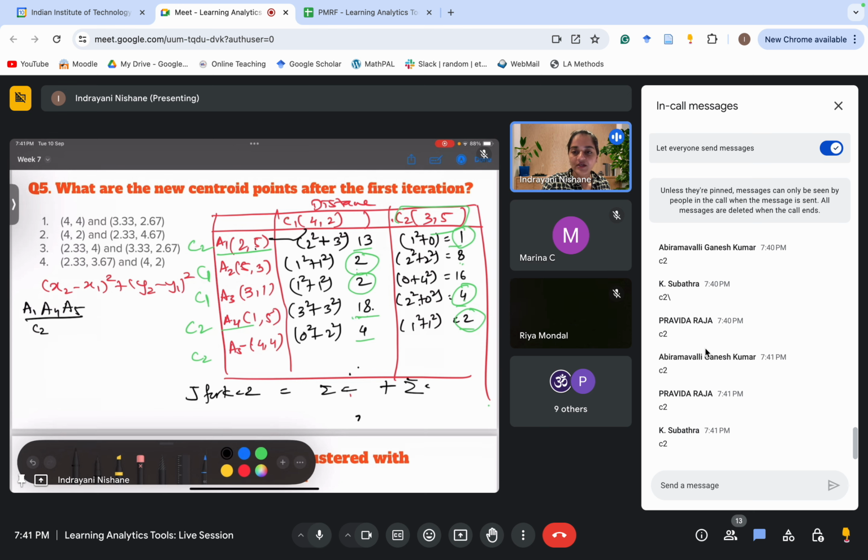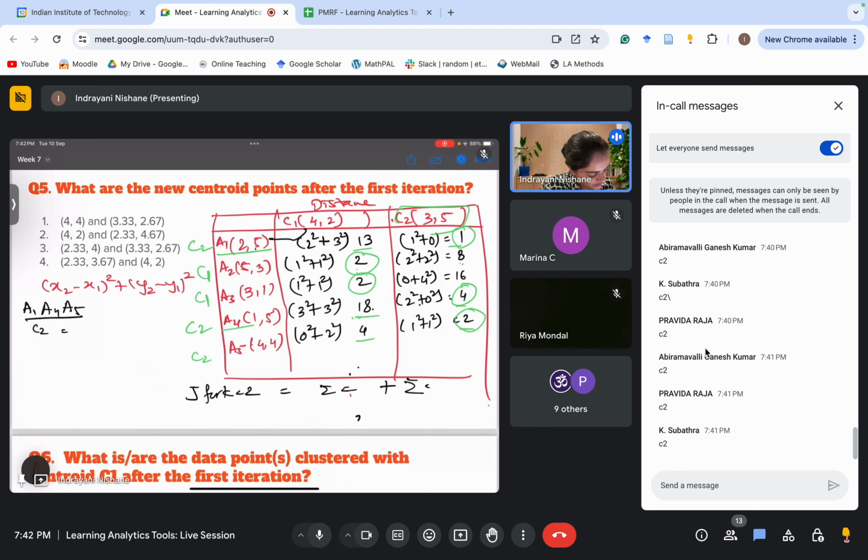So what we will do is average them. Yeah? Average linkage, we will average them. So new C2, after one iteration, what is the next centroid that we are computing? We are averaging all the points which belong to C2. Let's do this for C1 first, because C1 has just two data points, A2 and A3.